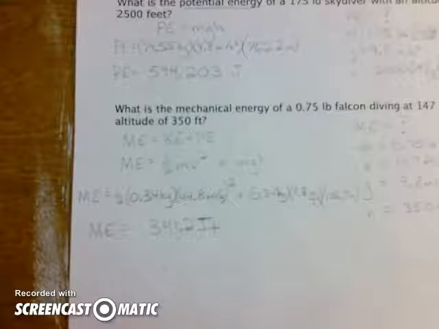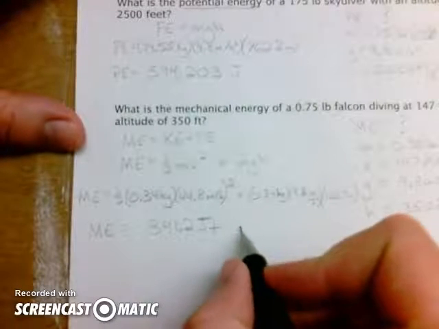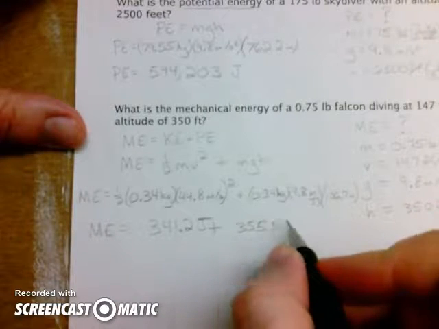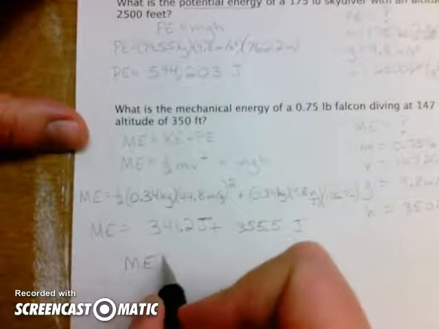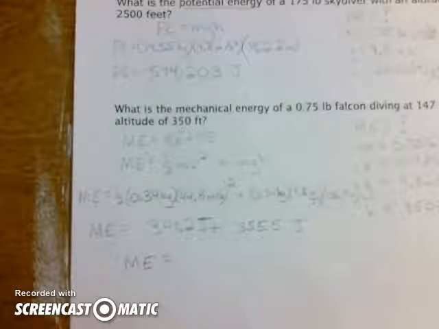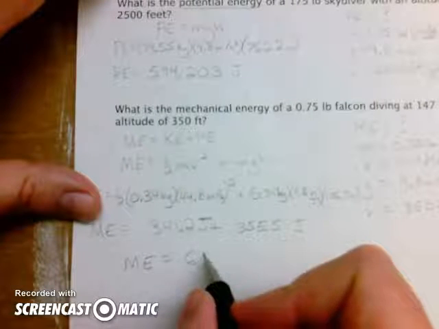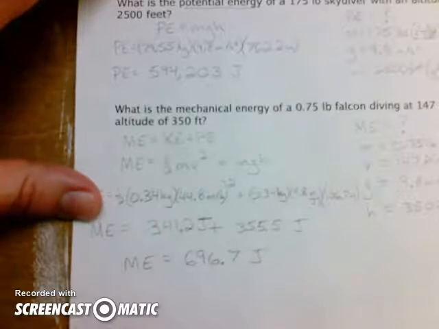And then the second part, 0.34 is my mass, times 9.8 for gravity, times 106.7 is 355.5 joules. And mechanical energy is the sum of those two numbers: 696.7 joules. All right, that's the last one.